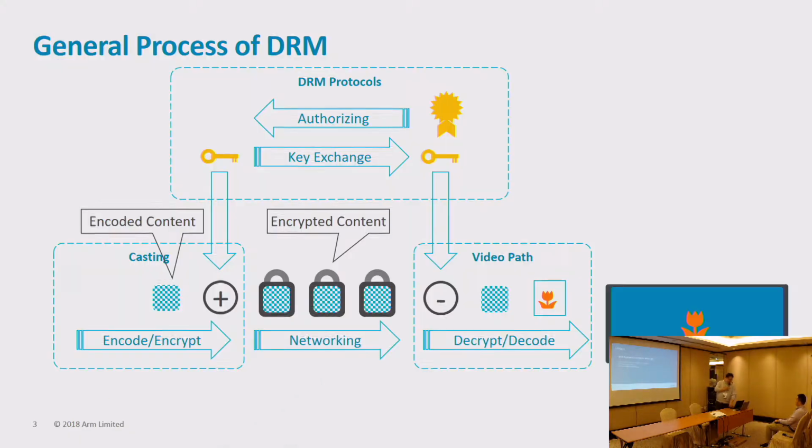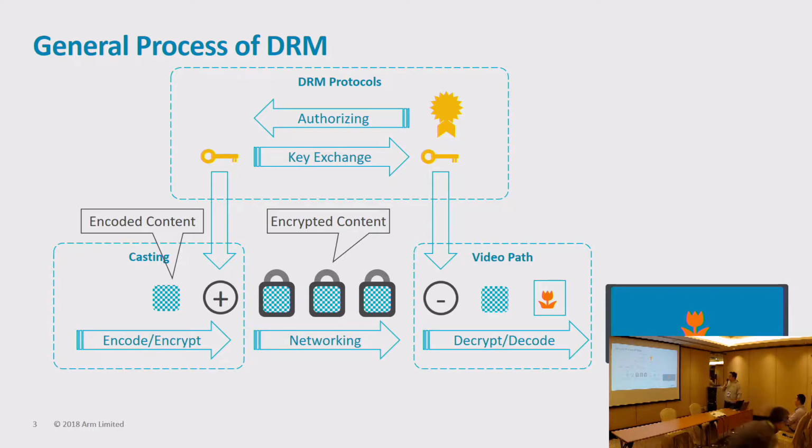So here's the content. First, a general process of DRM. We have DRM protocols to do the provisioning and the key exchange to negotiate our session key for encrypting and decrypting the media bit streams.